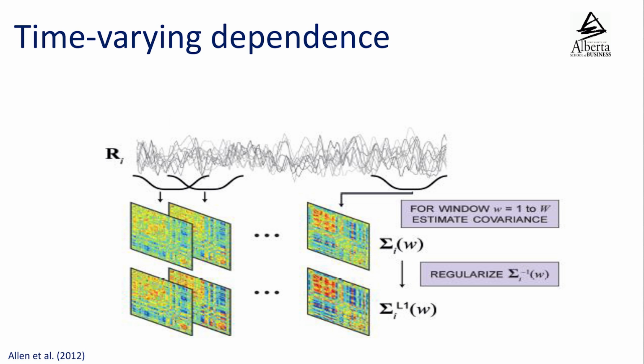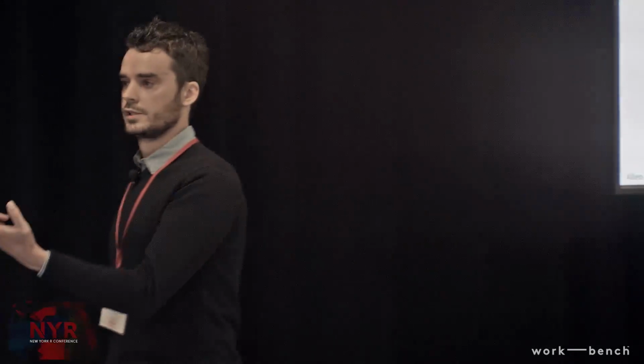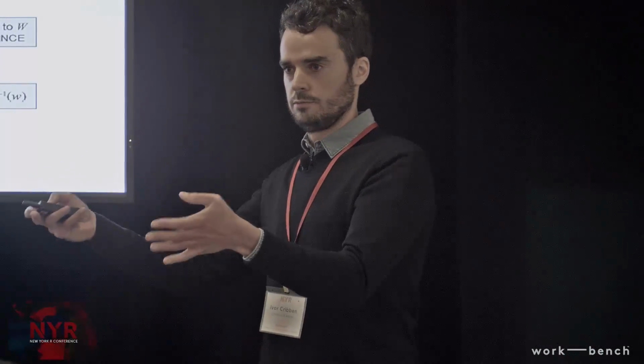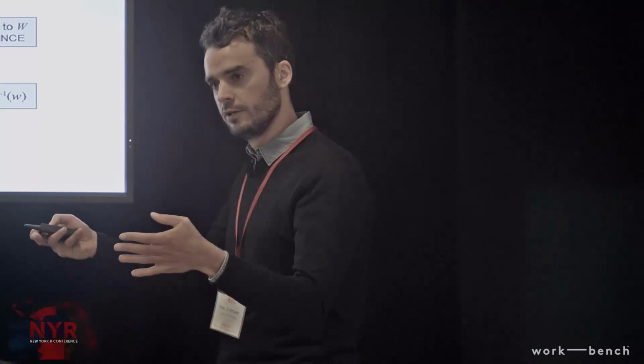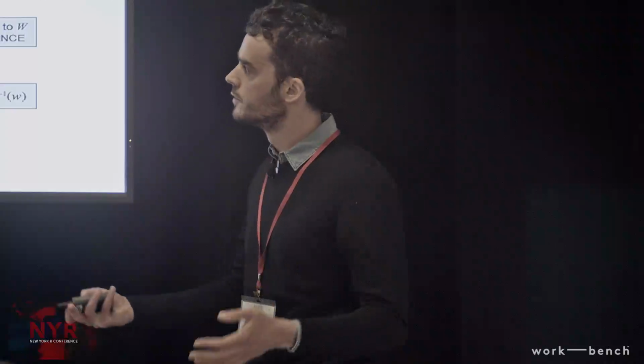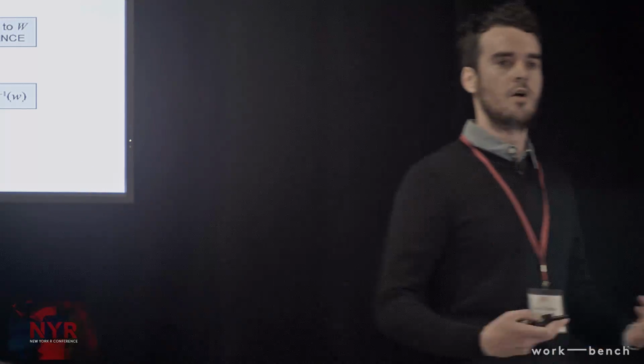For example, if you have several time series, you specify a sliding window, say of length 100 time points, and then you can estimate the covariance, correlation, or precision matrix for that window. Then you can simply shift the window in time. You can have overlapping or non-overlapping windows and do the same thing. So this is a nice, simple way of estimating time-varying dependence.